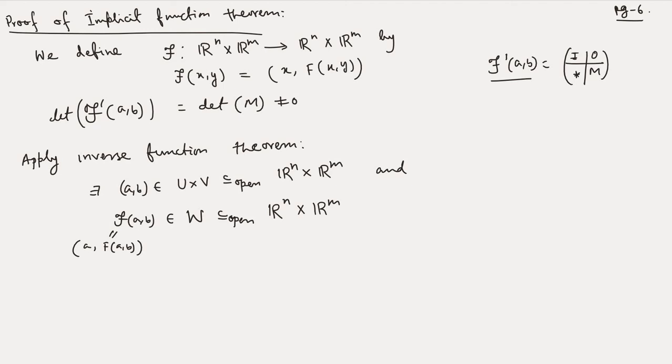So there are such open subsets of R^n cross R^m such that the function script f restricted to U cross V, mapping to W, is invertible with C1 inverse.